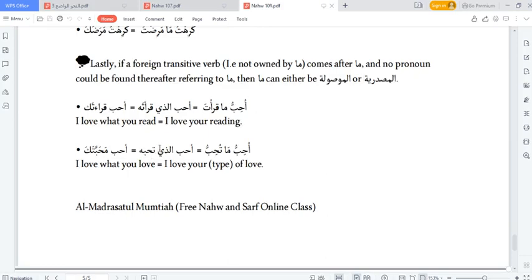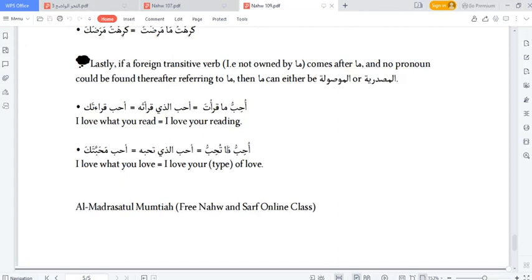You can see this hu now is going back to the ma. We can replace the ma with alladhi, the corresponding relative pronoun, the ism mausul. So you get the hu now seen.